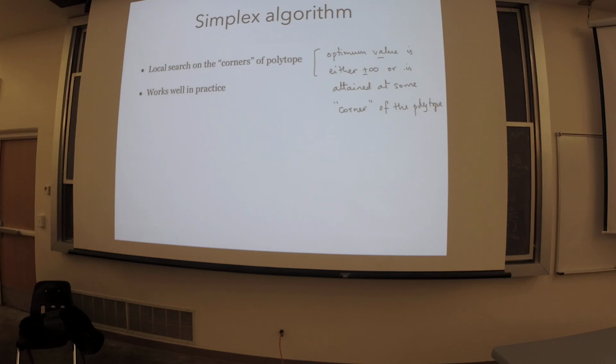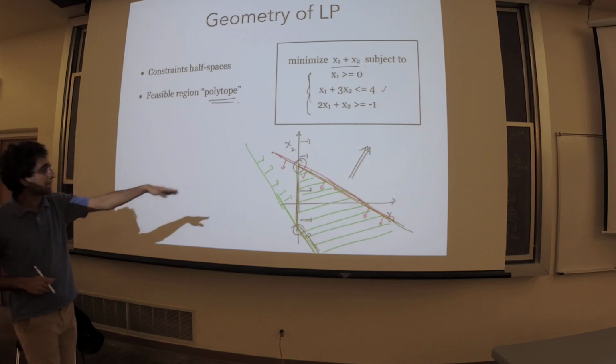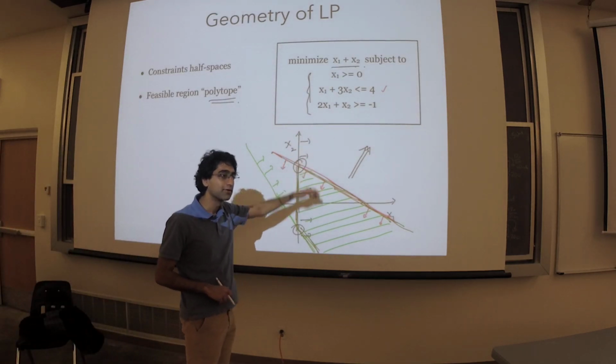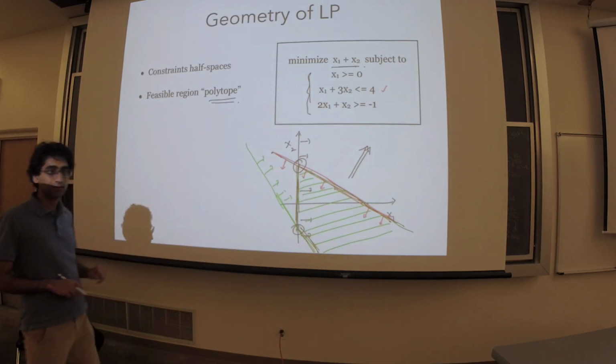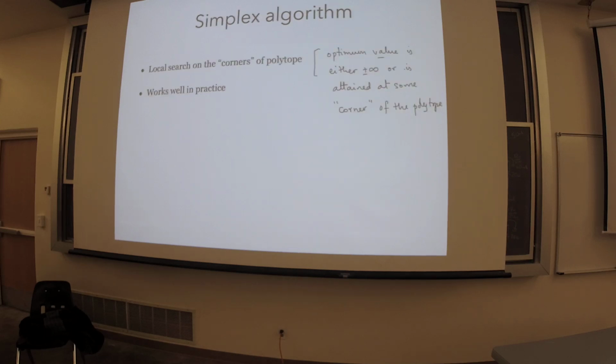Optimizing a linear function is like saying I want the extreme value in some direction. In this case, maybe the direction is something like this, and the extreme value in this direction turns out to be this point. Again, I won't prove that, but it's somewhat easy to show.